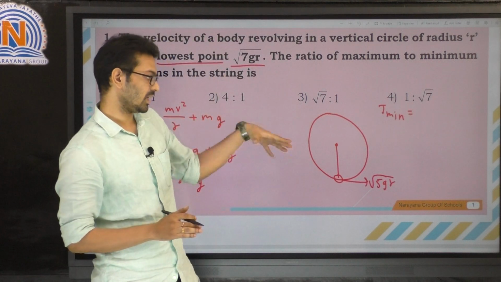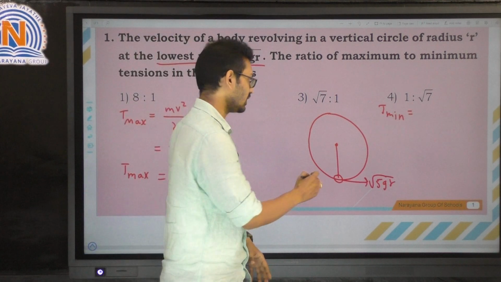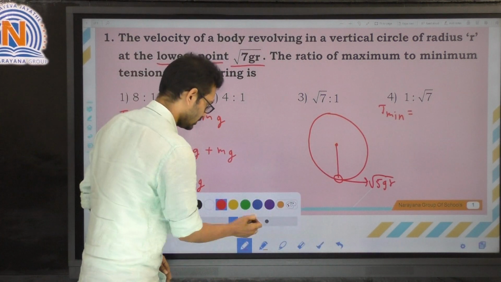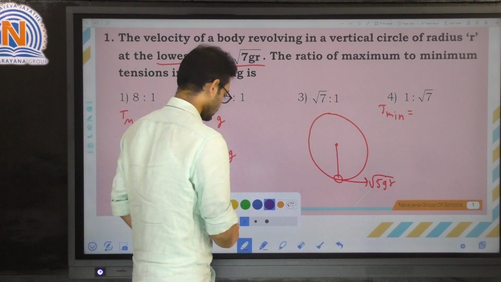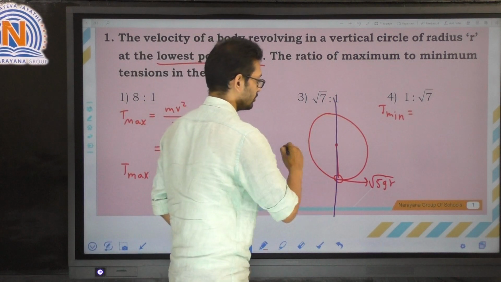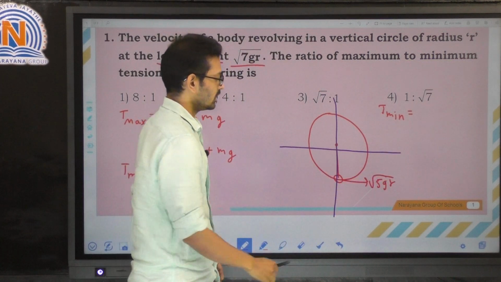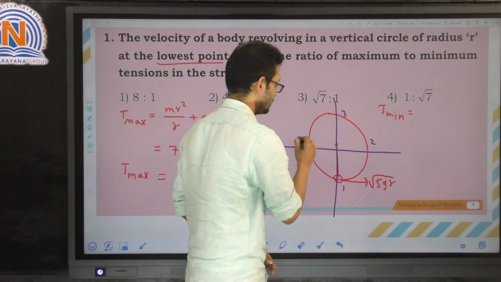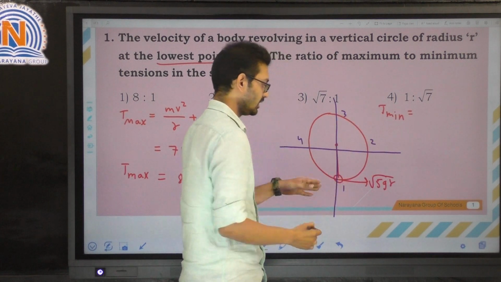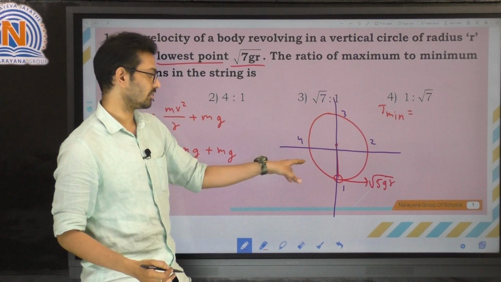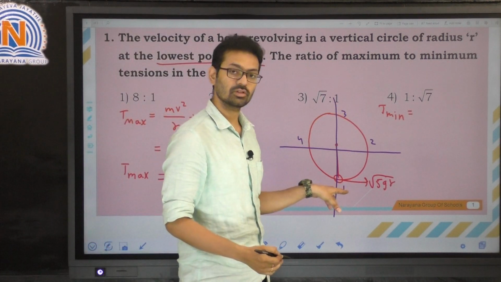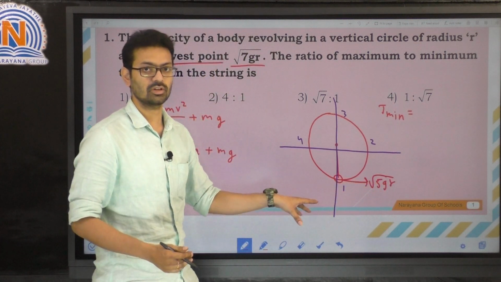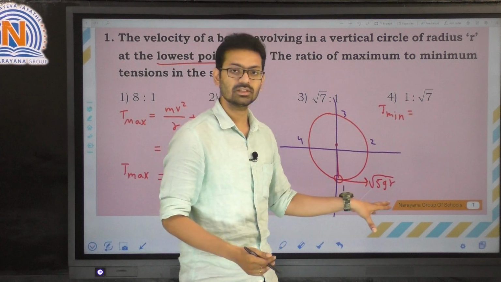If you consider this circle in 4 halves, 1, 2, 3, 4 and 5, to complete one complete rotation you have to reach this particular point, so it is root 5 gr. This is a shortcut point of view.